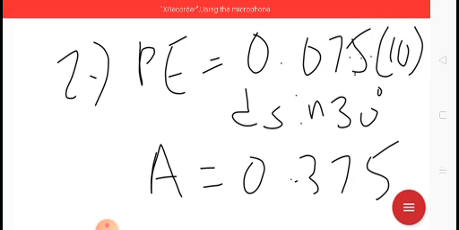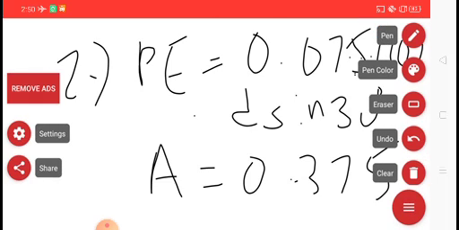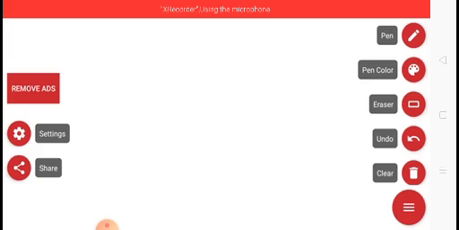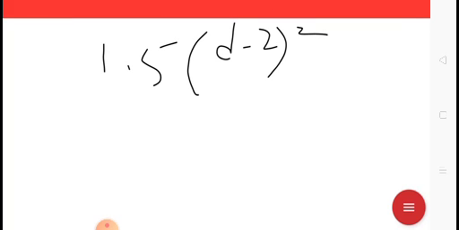Part B: the elastic potential energy can be written in the form B d squared plus C d plus E, where d is the distance of P from O. State the values of B, C and E. For that you need to use the elastic potential energy, the EPE, which will be equal to 1.5 times (d minus 2) squared over 4.